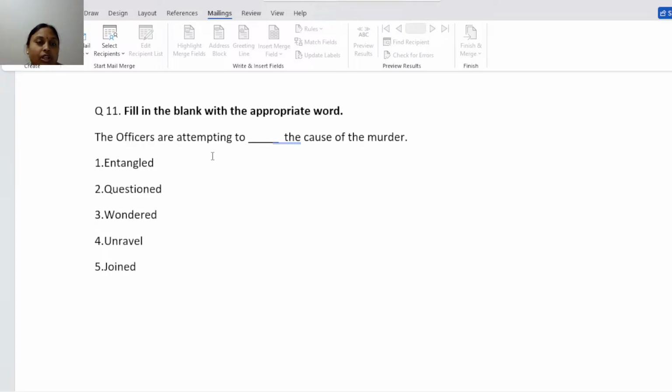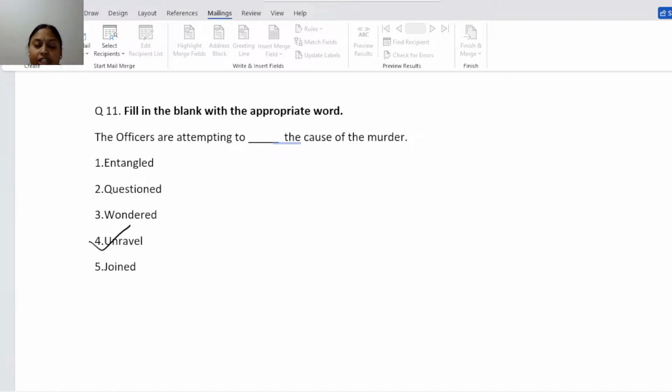So 11th question. The officers are attempting to dash the cause of the murder. So what are they going to unravel? The options are all nearby in meaning, all having related meanings. Then what are we supposed to take here? First of all, unravel. What is the meaning of unravel?